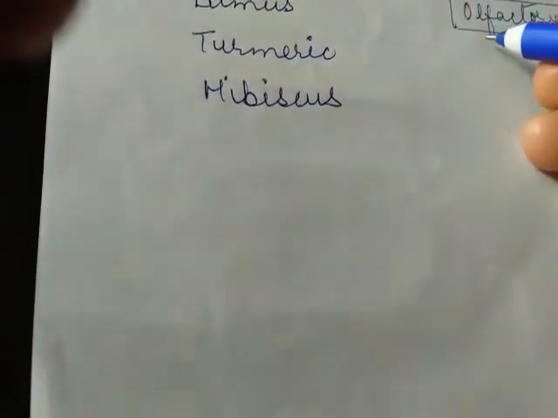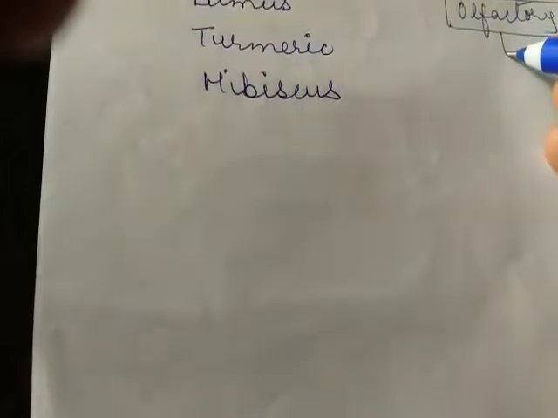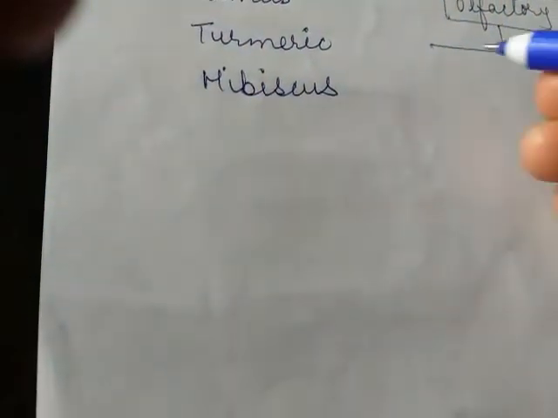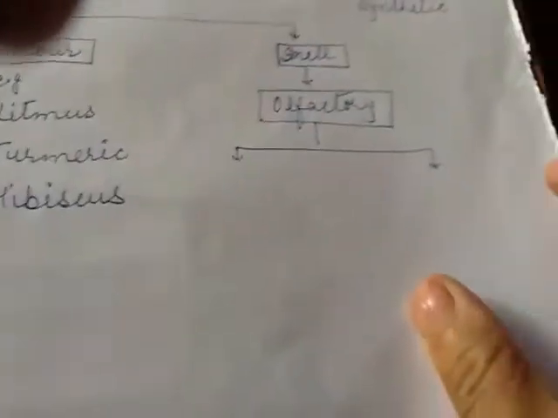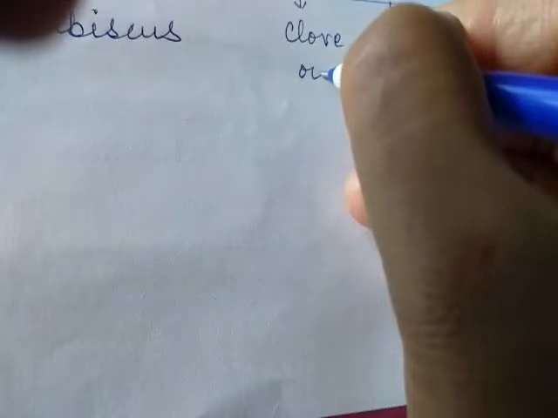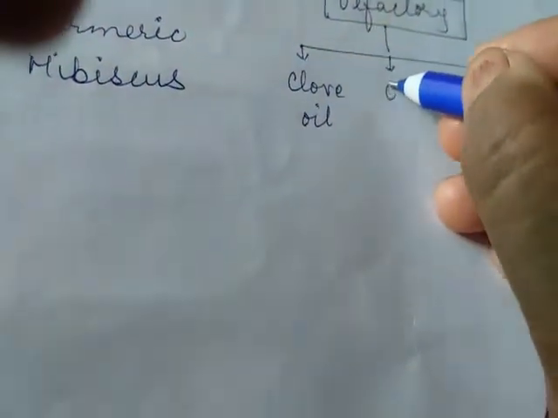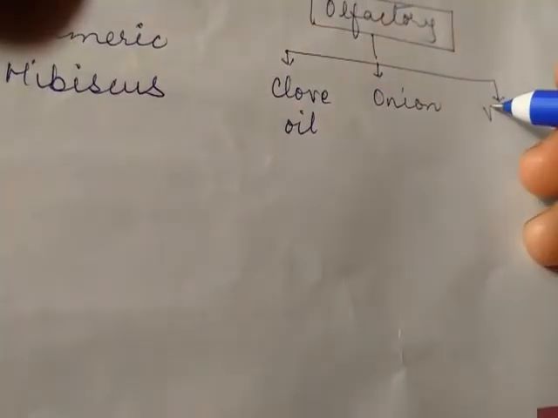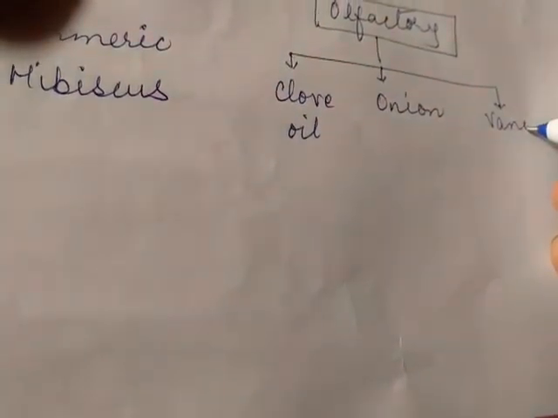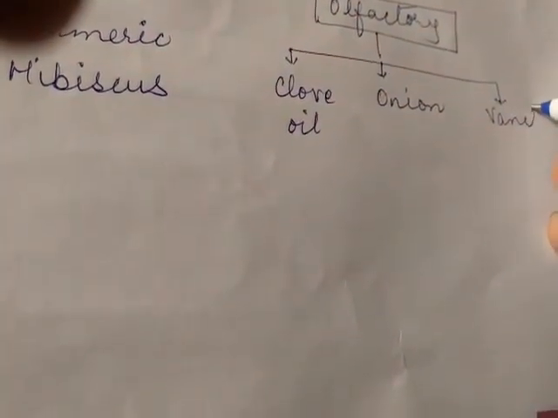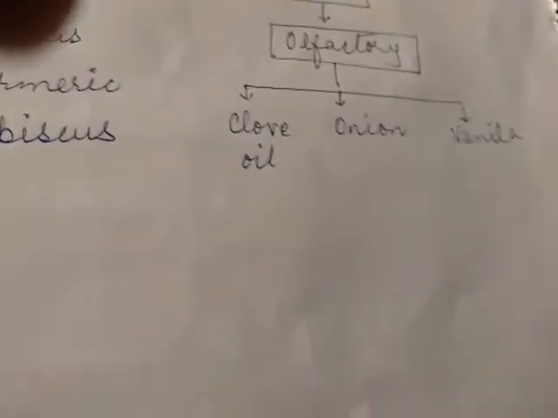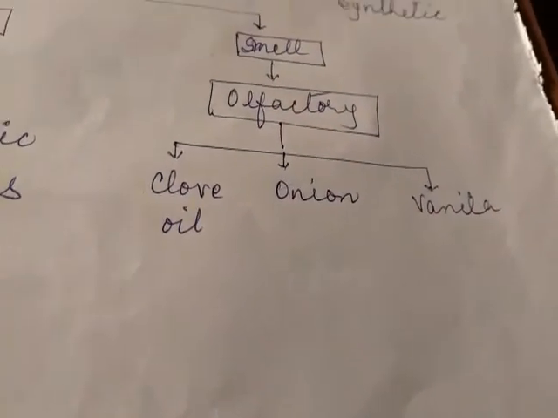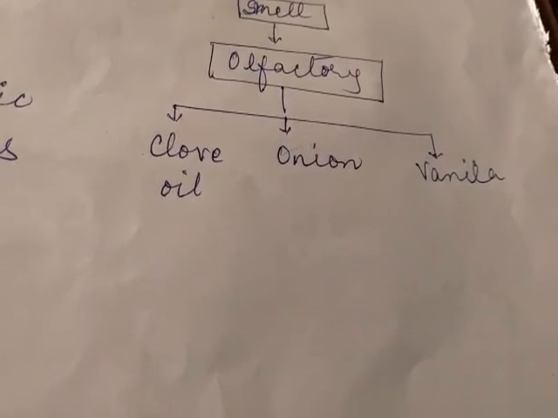These indicators are of three types: clove oil, onion, and vanilla essence. These are three olfactory indicators. Let's discuss in detail.